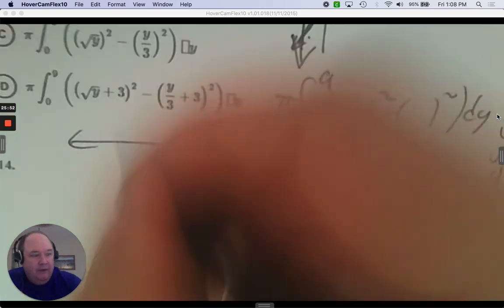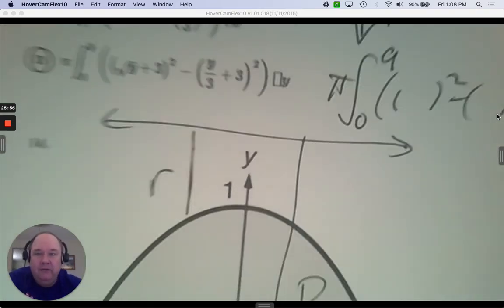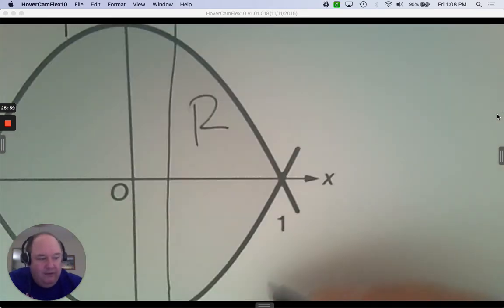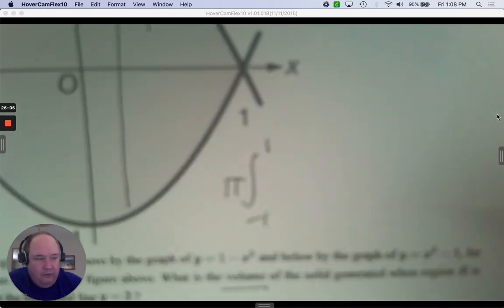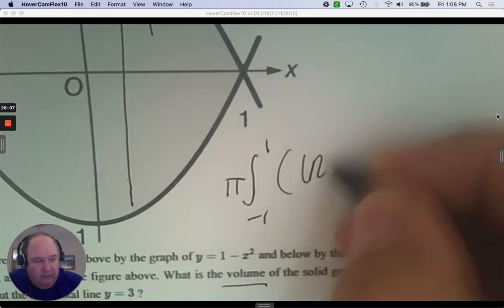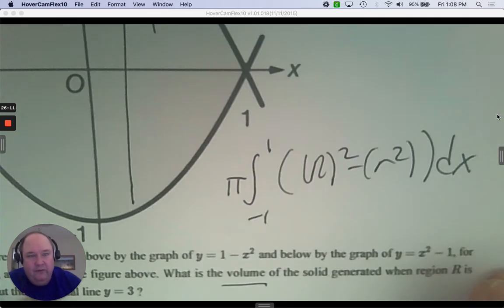So again, this is the small radius. This is the big radius. It's going to be of this form, where it's pi integral from -1 to +1, and it's the big radius subtract the small radius, dx.